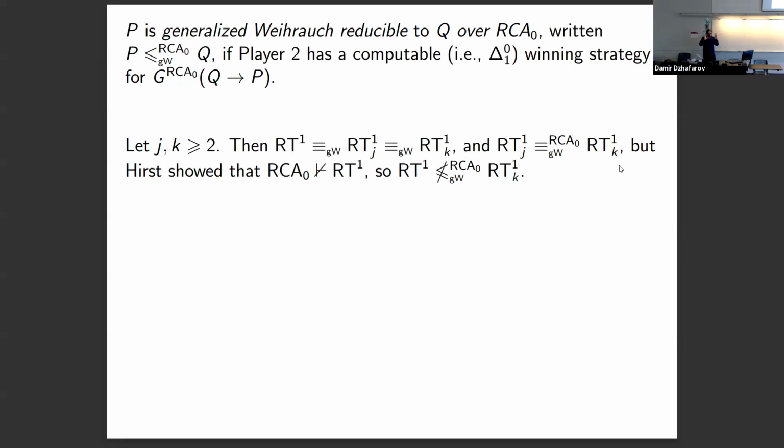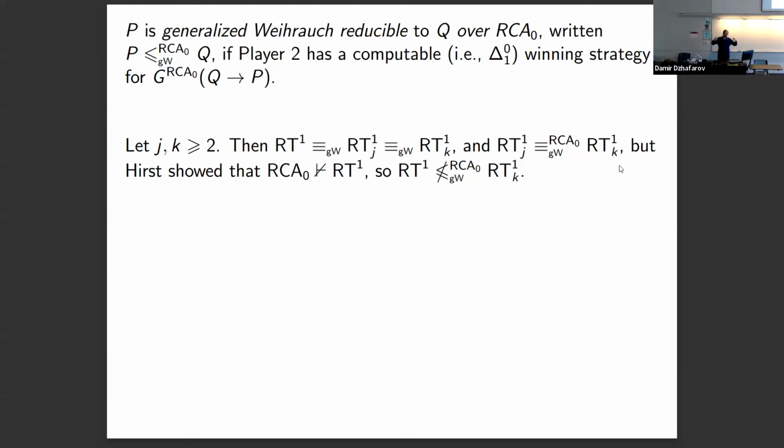Suppose that J and K are both greater or equal to 2. Then the full RT1, so remember this is Ramsey's theorem for singletons and finitely many colors, but any finite number, right? This is GW equivalent to RT1J or RT1K for any J. They're all equivalent. Over RCA naught, RT1J and RT1K remain GW equivalent, and it's the same proof as before, right?